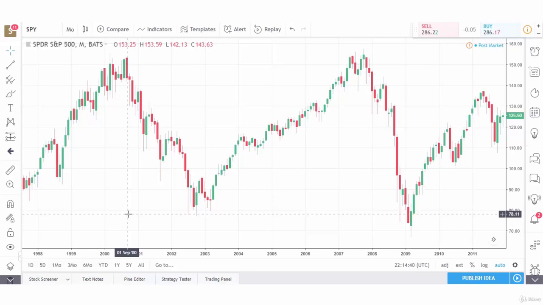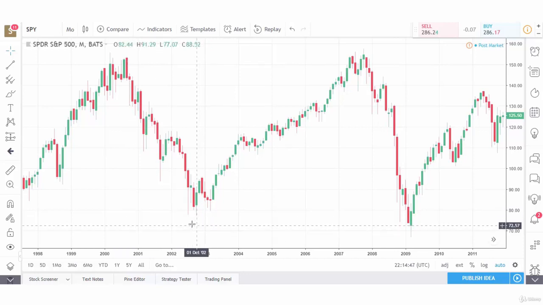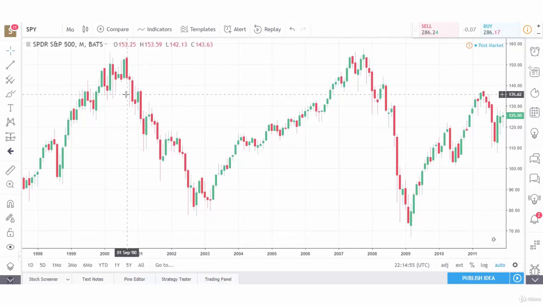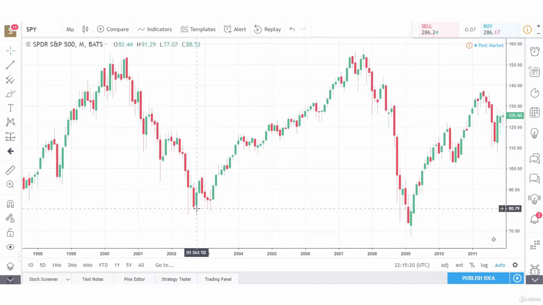You'll see that the market tops here at 153.59, and this bear market ended with the market being down 50% in October of 2002. A couple of things I'd like to point out. First is how quickly the bear market took the S&P down 50%. It was only 2 years between the beginning of the bear market and the end of the bear market that the market was down 50%.